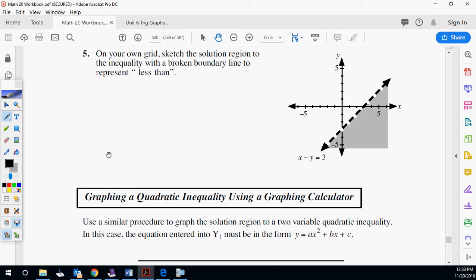I don't know why it's asking you to sketch it again. So the only thing you have to be aware of is solid versus dotted line. The calculator does the shading part for you.